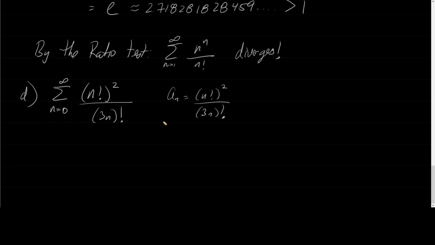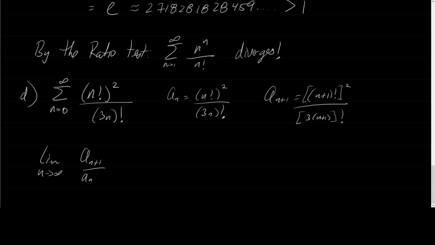And let's see what we can do. A sub n plus 1 would be n plus 1 factorial squared over, and here we've got 3 times n plus 1 factorial, right? And now let's see our limit. We're trying to do the ratio test, so that's a sub n plus 1 over a sub n, absolute value.